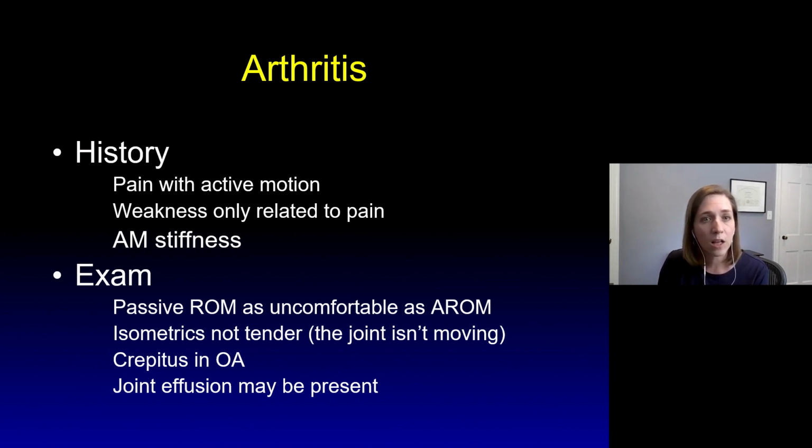In this case, on exam, passive range of motion is going to be as uncomfortable as active range of motion. So both will be uncomfortable. When you do isometrics and just contract a muscle near the joint, that won't hurt because the joint isn't moving. If you feel the joints, if it is osteoarthritis causing the pain, there may be crepitus that you can feel. If it's an inflammatory arthritis causing the problem, there may be a joint effusion present.